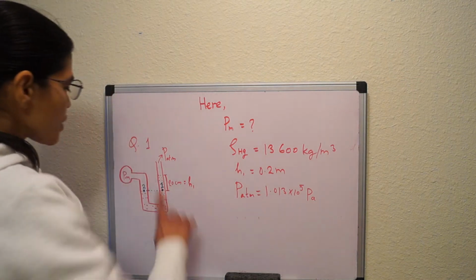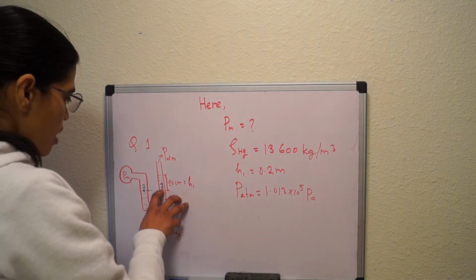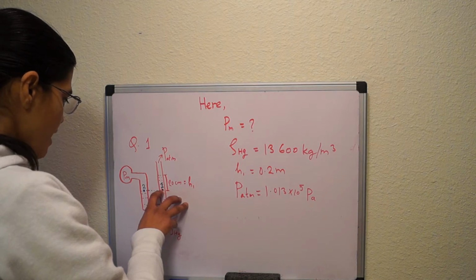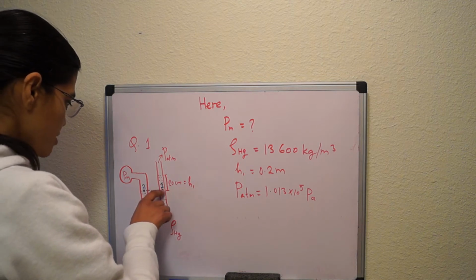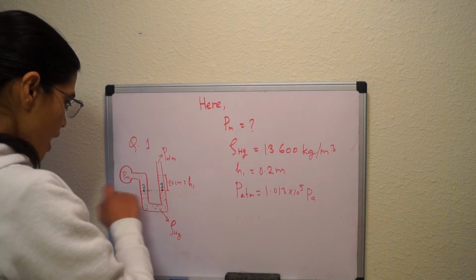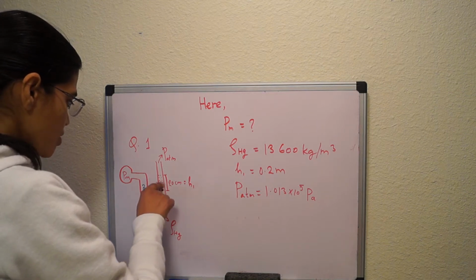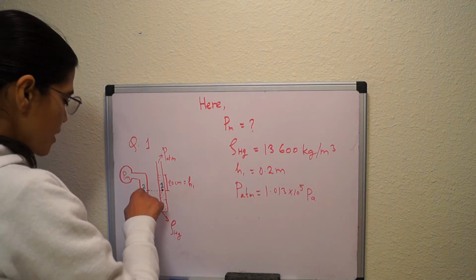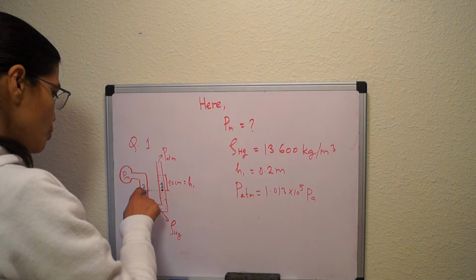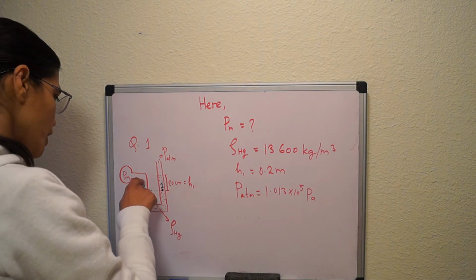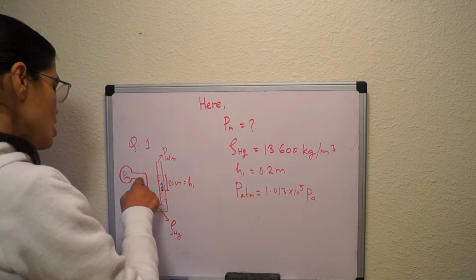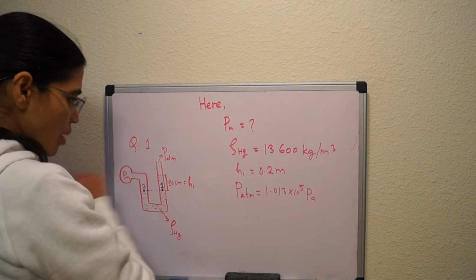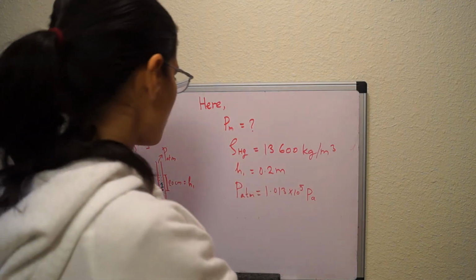Point 1 is at the same horizontal height as point 2, so the pressure at point 1 must be equal to the pressure at point 2. The pressure at point 2 is also linked to the gas in the chamber, so it must be the same as the pressure of the gas in the chamber. So we should be able to solve this problem.